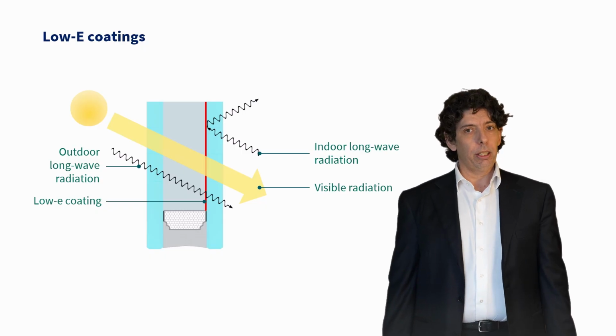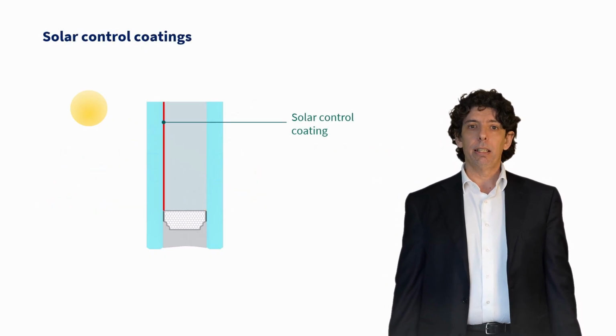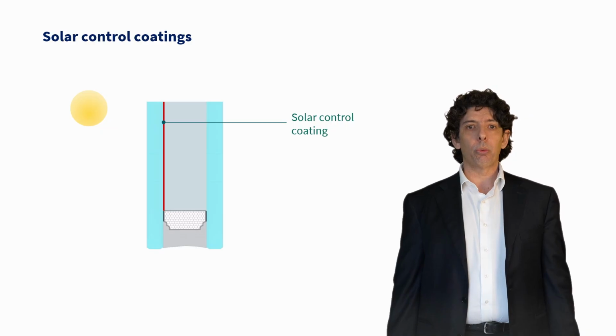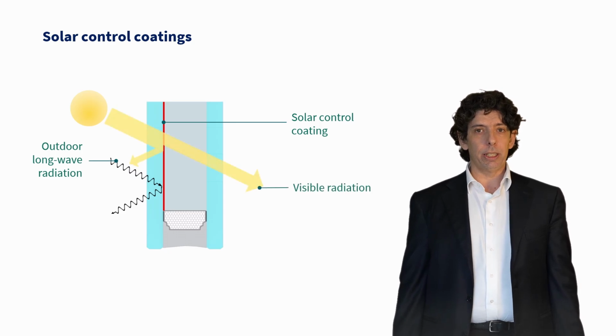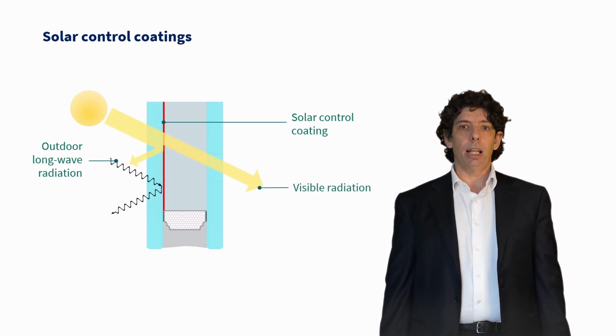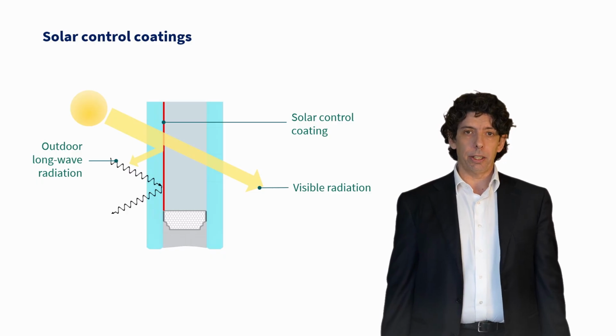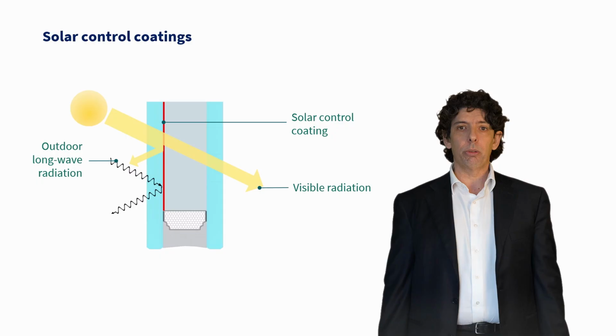On the contrary, the solar control coatings located on the outer glass pane can reflect most of the outdoor long-wave radiations, while visible radiation can easily pass through the glazing, as previously described for the selective glass. This behavior allows to reduce the incoming thermal radiation, preventing the summer overheating, while ensuring good daylighting and overall comfort.